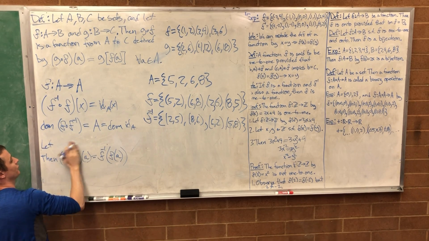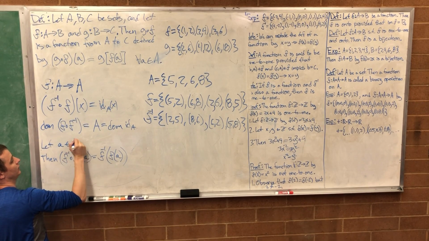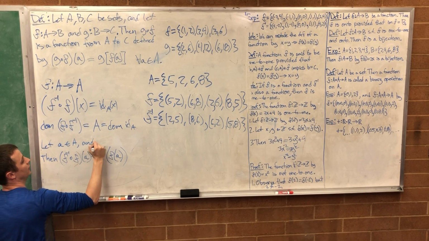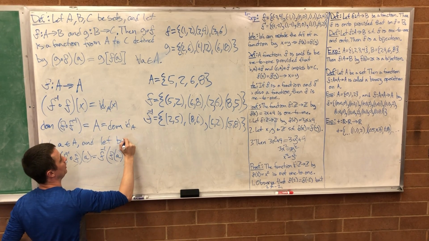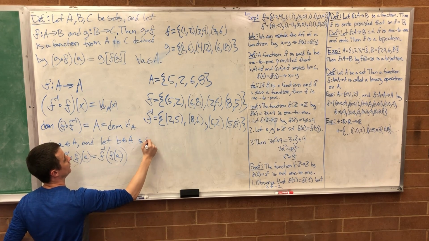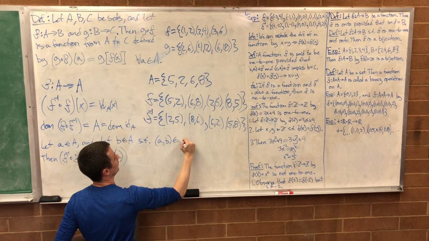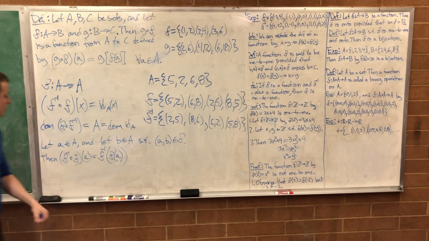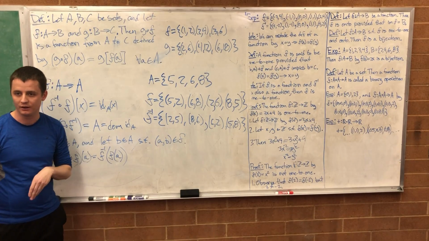You don't have to define your function, do you? Let A in A, and let B in A such that AB is in F. Right. Let A in A and let B be the right-hand element that gets paired with A in F.